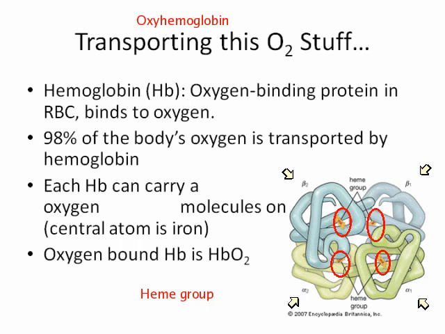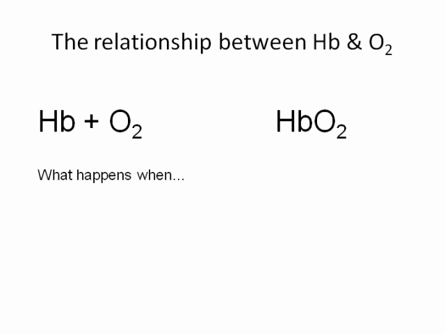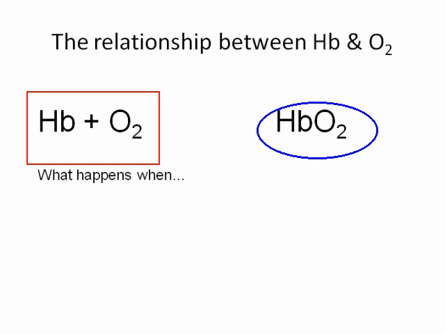Now, we're not quite done there, because there's a relationship between the players here. Think of this as left side, right side. On the left side, we have hemoglobin plus oxygen, and on the right side, we have oxyhemoglobin. The question is, what happens between the two?